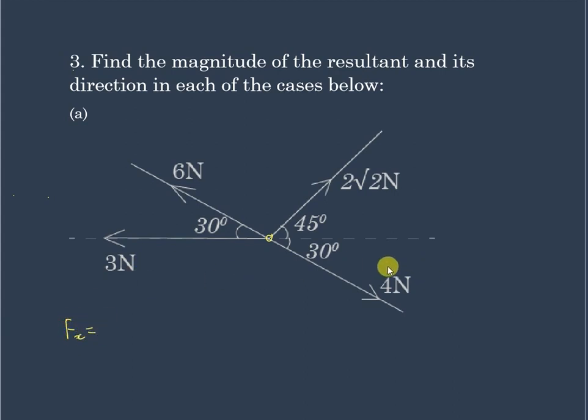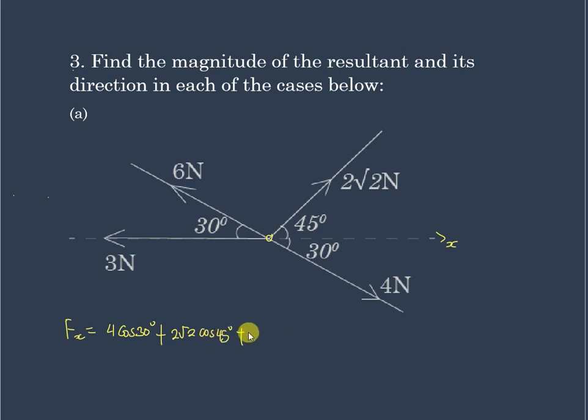Looking at this one here, this one is 4, and the angle between this 4 and the positive x direction is 30. So this one is 4 times the cosine of 30 degrees. Then plus this one, 2 square root of 2 times the cosine of 45 degrees.